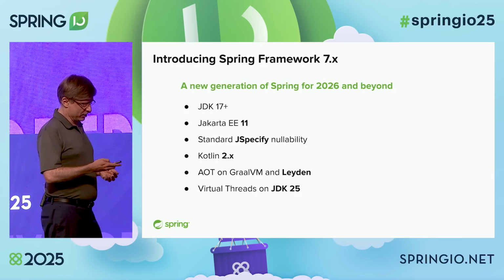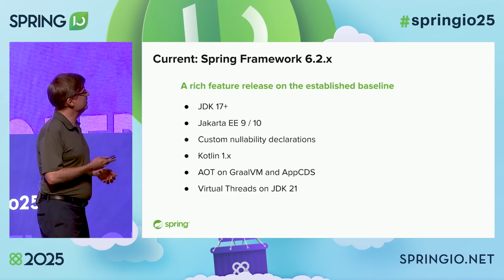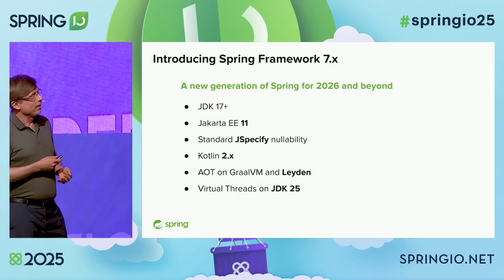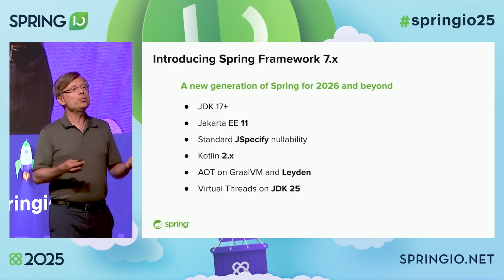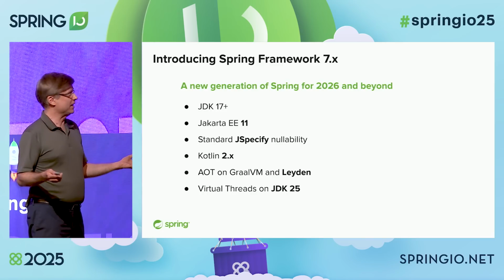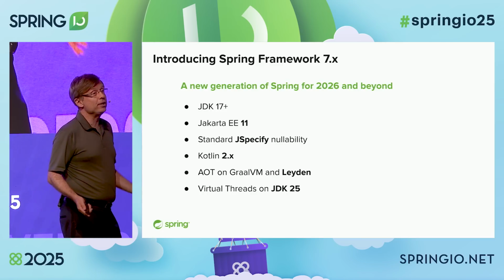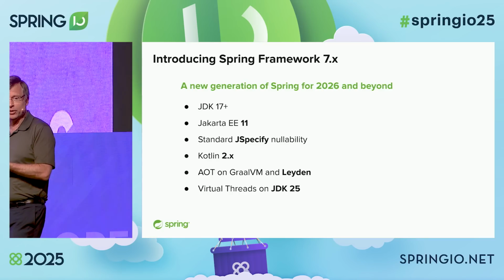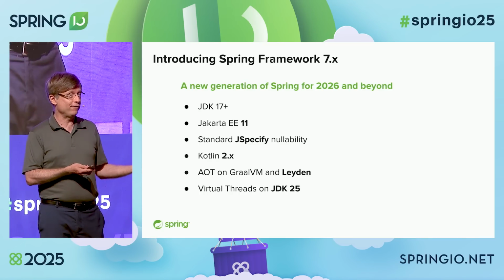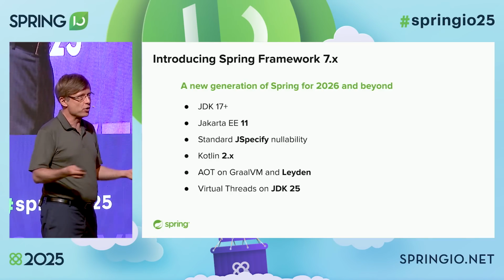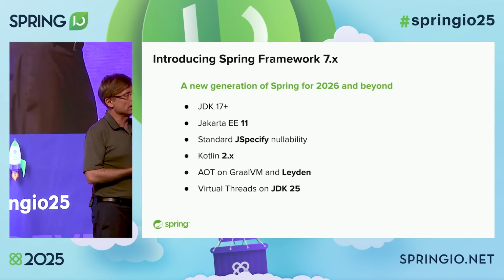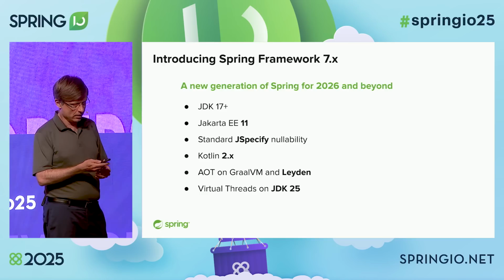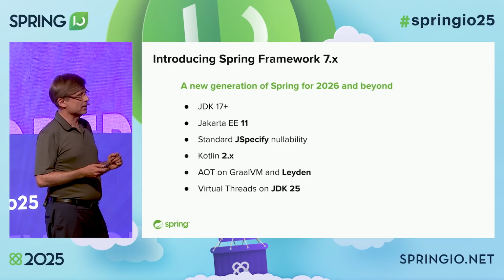So just comparing these two, there's quite a few things we do to the Spring Framework 7 baseline. We upgrade to Jakarta EE 11. We switch our nullability arrangement to the recently released JSpecify ecosystem consensus. I'll be saying a little bit more about it in a minute.